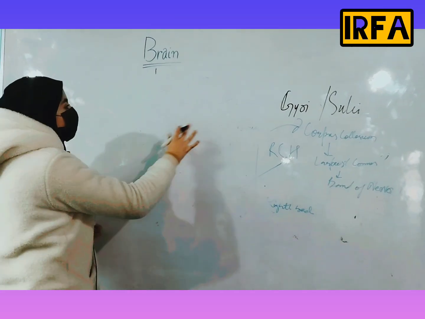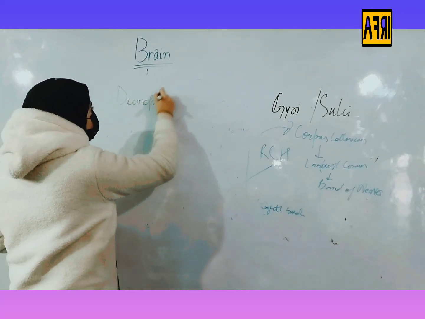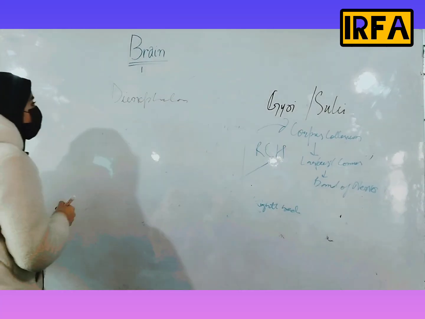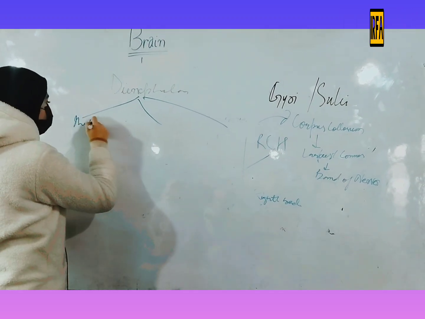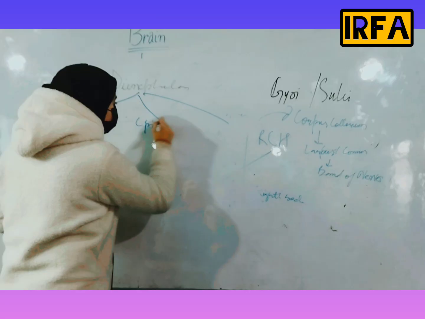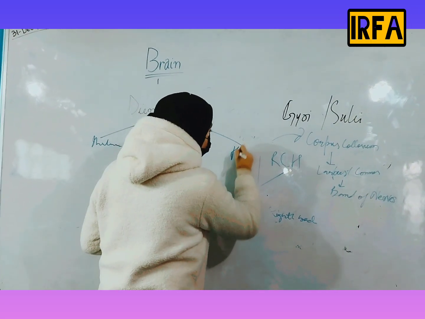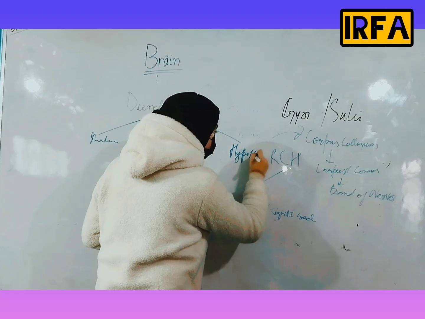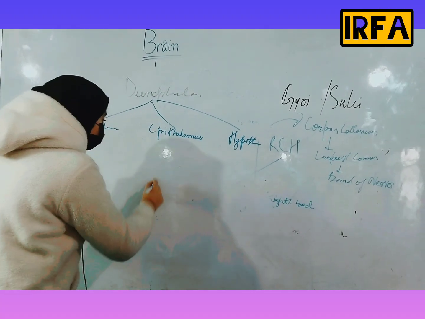Now, we have talked about cerebrum. Now we will see diencephalon. It comprises thalamus, epithalamus, and hypothalamus. If we make a diagram, it's just a rough diagram I will show you.